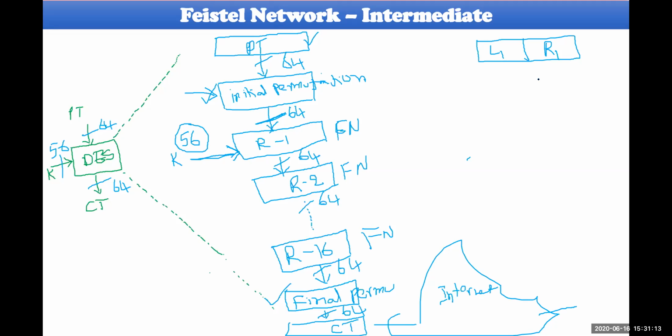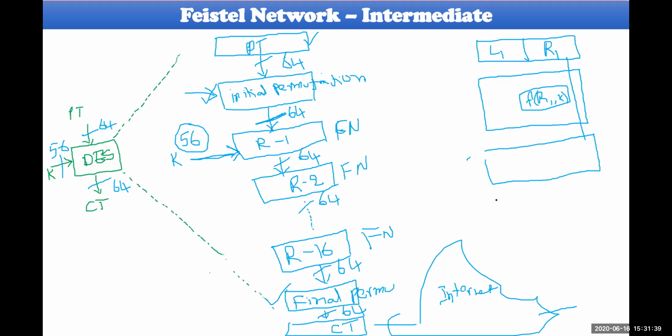So you need to understand one particular point. You need to understand the Feistel network. Please understand this here. In the Feistel network, look at this. Here the round function will be there. This round function will be f of R1 comma K, the key. And this will be forwarded. We do have a swapper here finally.